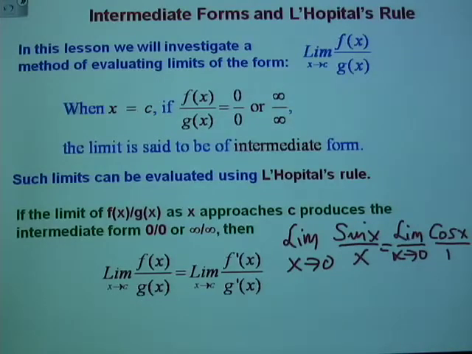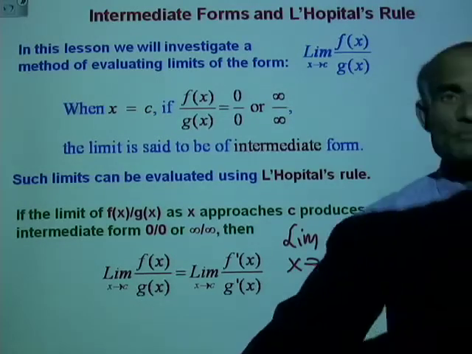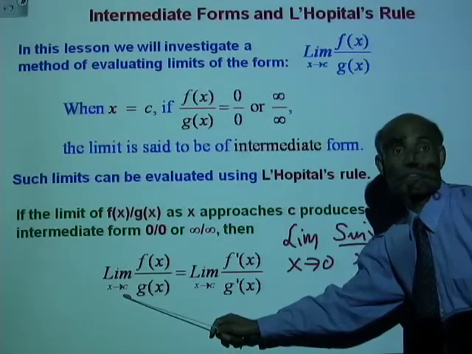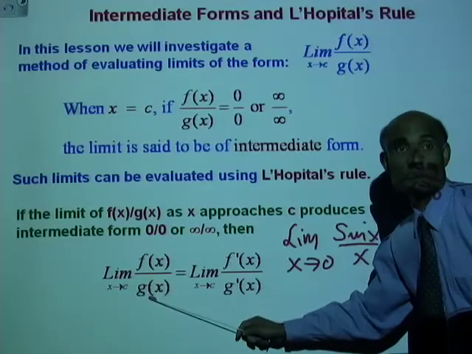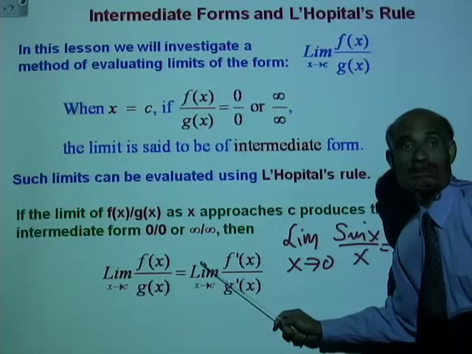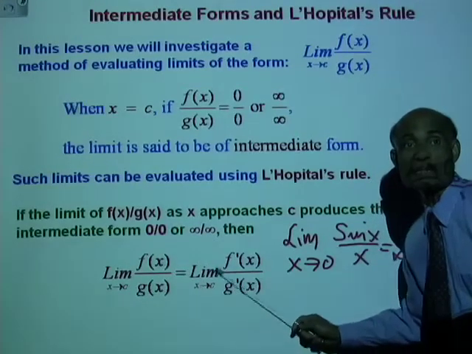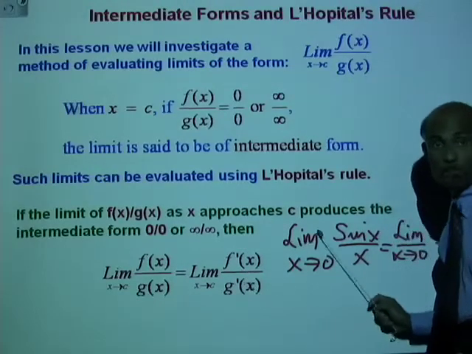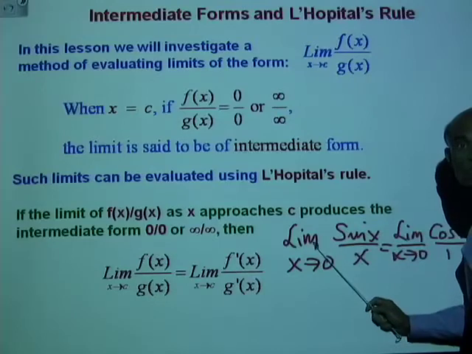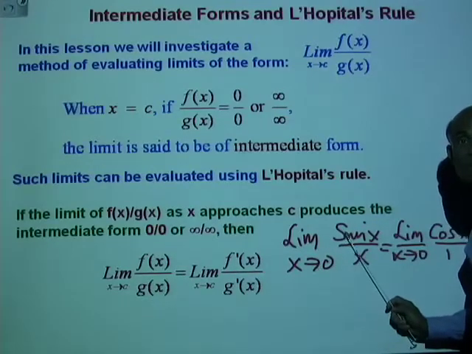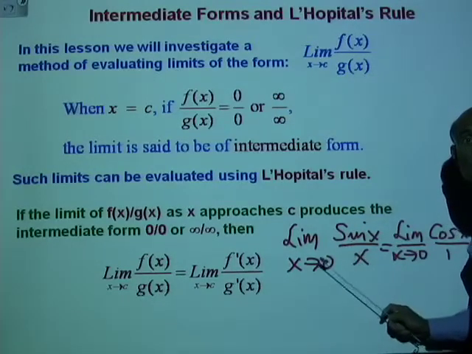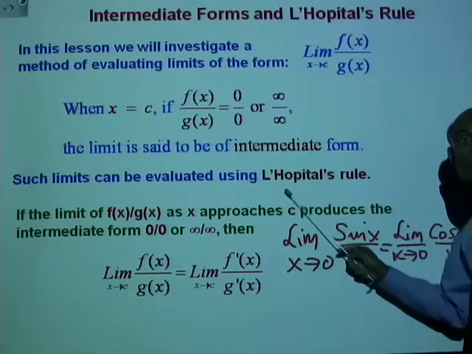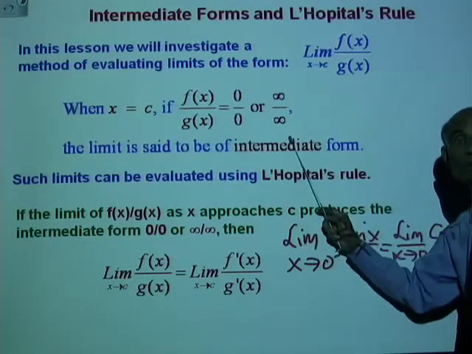Okay, now look at the difference in here. According to L'Hopital's rule, the limit as x approaches c of f of x over g of x is the same as the limit as x approaches c of f prime of x over g prime of x. So in the example I gave you, the limit as x approaches 0 of sine x over x, if you replace x by 0, you get 0 over 0, so it is of the indeterminate form.